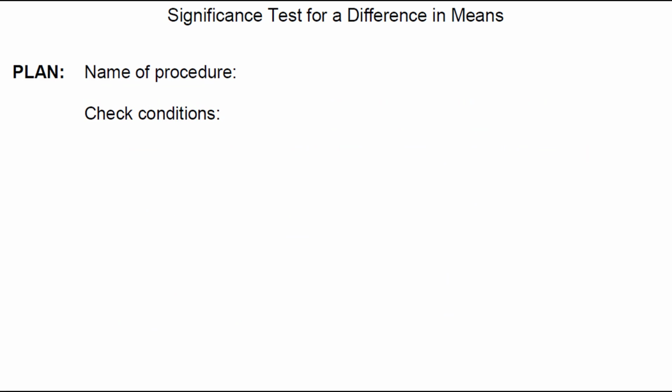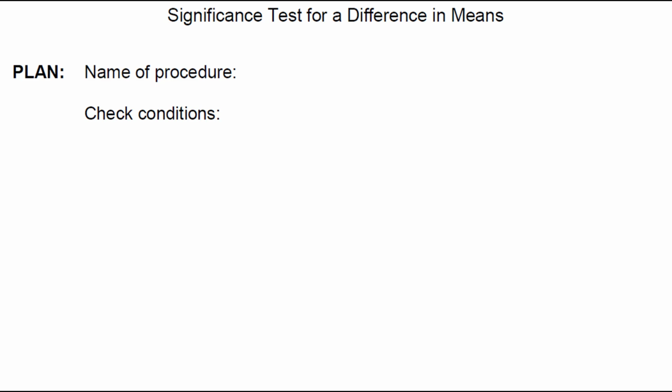All right, so let's talk about our plan. For our plan, again, we have two samples: one from a store with labels and one without labels. So we're doing two samples. Now we're dealing with means, so that's a t procedure, and we're talking about the difference in means.